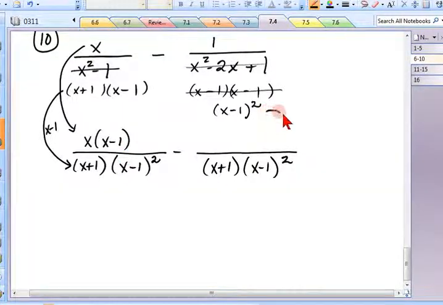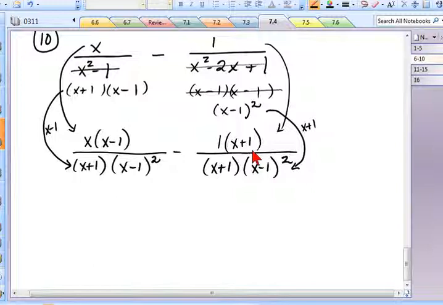In the second fraction, comparing, look at the old, look at the new. What's the new factor down here? X plus 1, because it had an x minus 1 squared, but it didn't have an x plus 1. So I need an x plus 1. Multiply the x plus 1 times the numerator. It's going to be 1 times x plus 1. A little silly for me to write the 1, but I did.